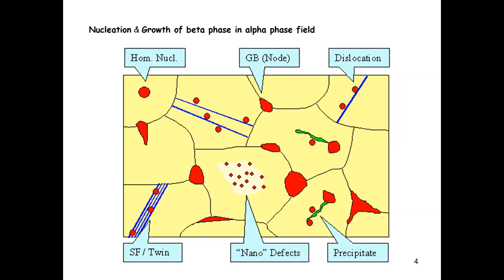Now the general rule of thumb is that whenever we have defects, these defects are more attractive for the nucleation of the beta phase. For example, it's a schematic, but as we show here, you have many nuclei, but you only have one occasion of homogeneous nucleation, which is right here, and all the other nucleations are associated with different defects. For example, you have nucleation near dislocations or twin boundaries. You have nucleation affected by these nano defects. You have nucleation affected by the precipitates, right?